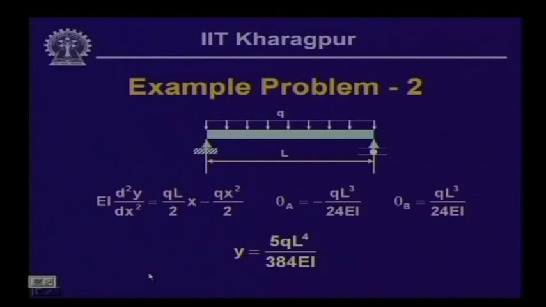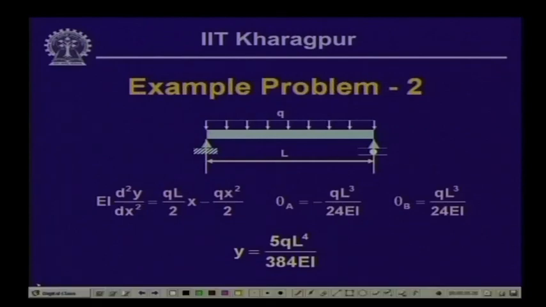Now, let us look into another example, which in fact we had solved last time, wherein the loading is uniformly distributed over the entire span of the beam. If you remember, we had started with the differential equation of the elastic curve, which is EI d2y/dx2 equals the moment, and the moment we had computed at any cross section at a distance of x from the left support.